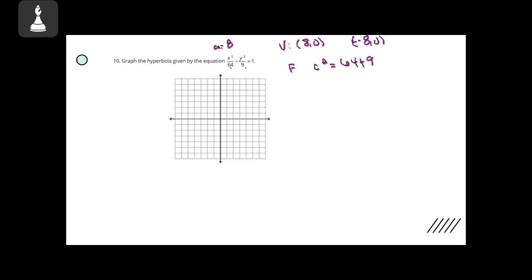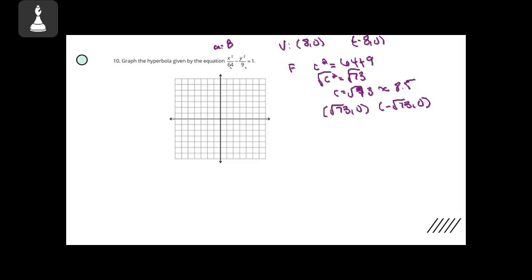So 64 plus 9 is 73. So c is going to be the square root of 73, which is about 8.5. So our foci are root 73, 0 and negative root 73, 0, or about 8.5 and negative 8.5 and 0.